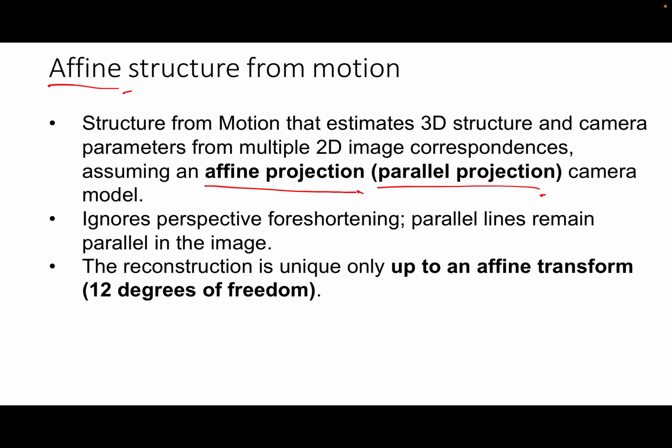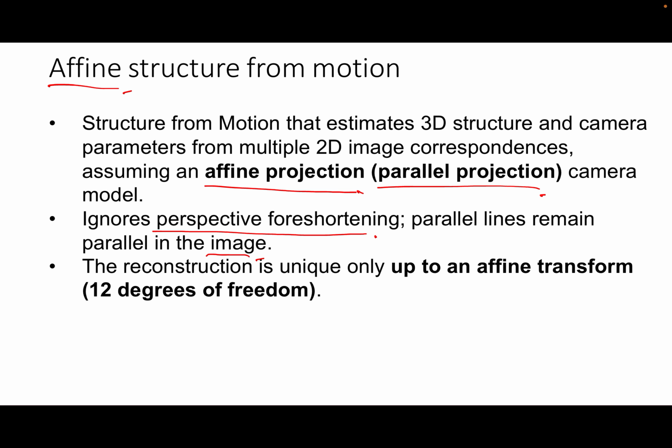Perspective projection is the most realistic one, but as structure from motion suffers from ambiguity, we'd like to reduce the ambiguity, so we use the affine projection camera model instead of the perspective projection camera model. So ignore perspective foreshortening. Parallel lines remain parallel in the image.